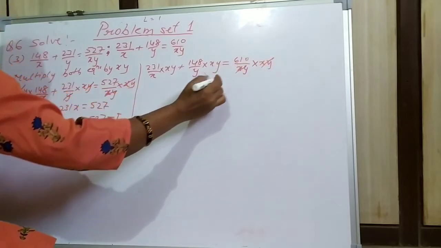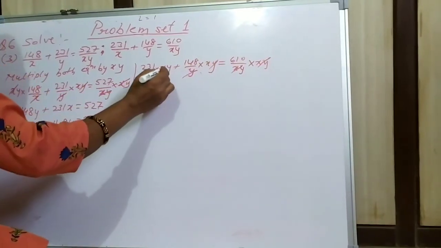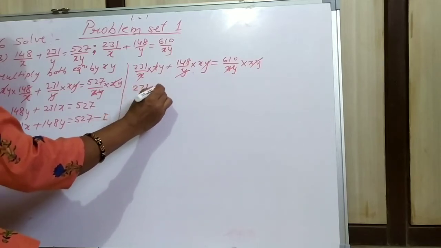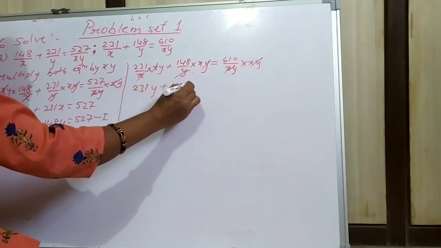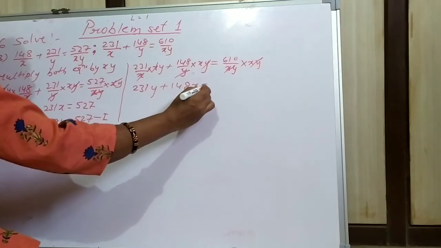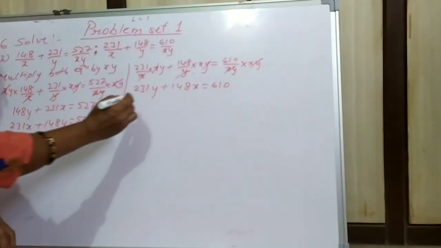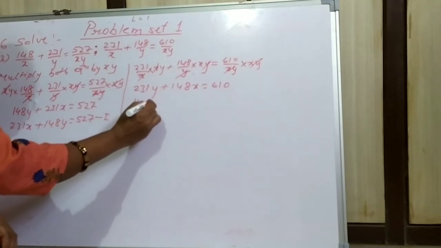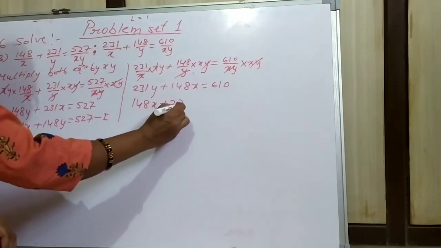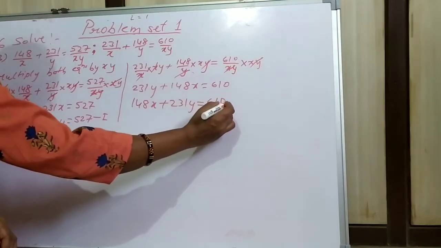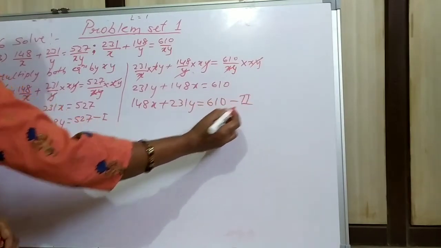So xy will get cancelled here, y will get cancelled here, x will get cancelled here. So we will get 231y plus 148x is equal to 610. Now again rearrange: 148x plus 231y is equal to 610. Consider this as equation number 2.